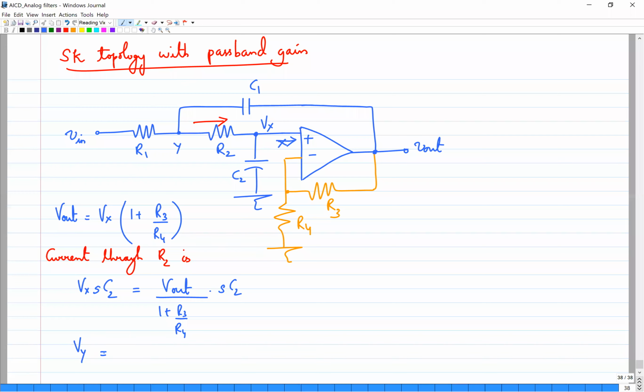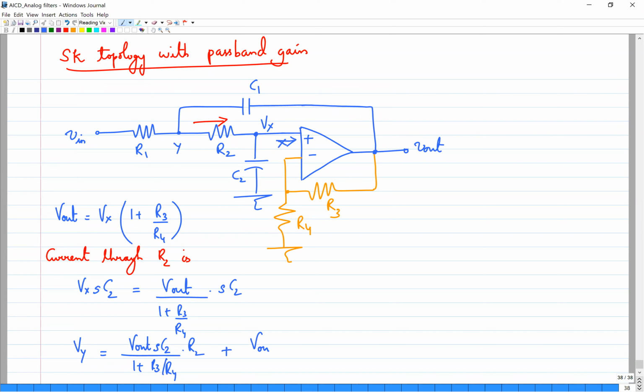The drop across R2 is the current, Vout into SC2 divided by 1 plus R3 by R4, multiplied by R2, plus Vx.